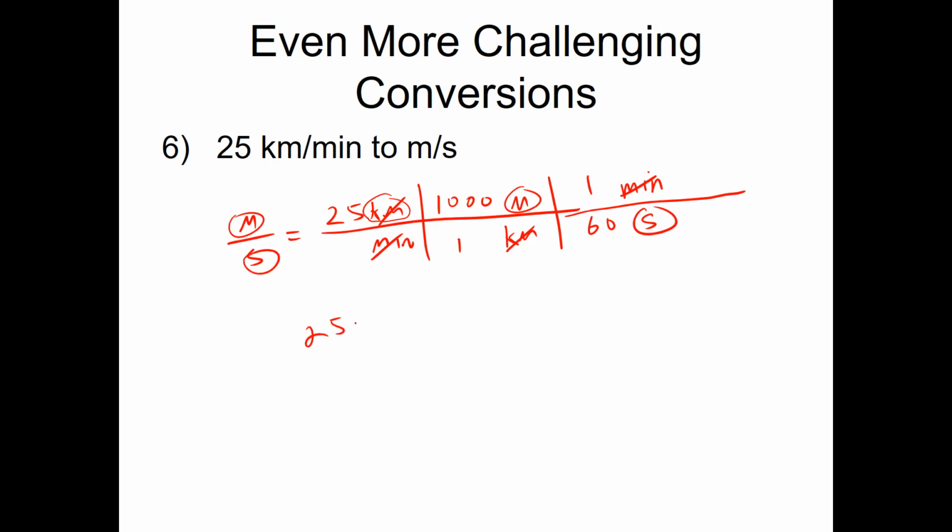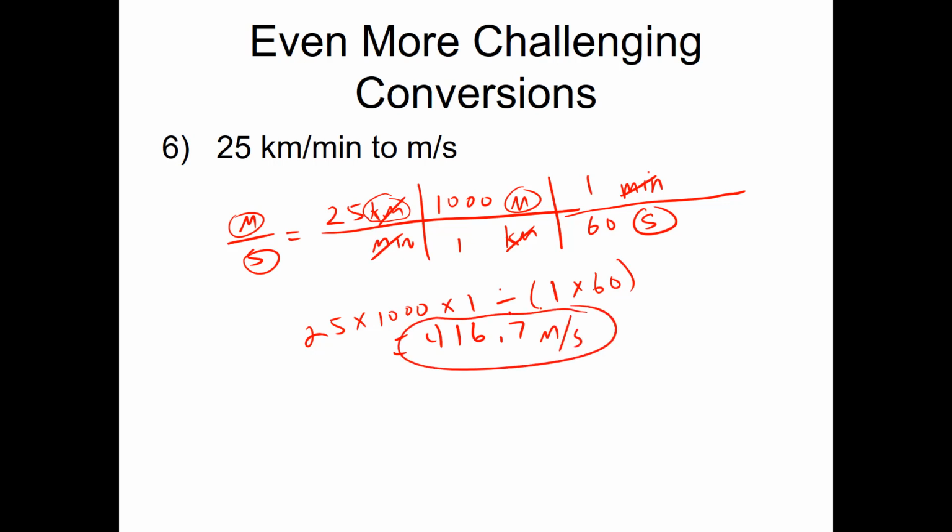So we take 25 times 1,000 times 1. Of course, you wouldn't do that. Divided by 1 times 60. So really, you would just take 25 times 1,000 divided by 60, and you get your answer, and it should be 416.7 meters per second. So hopefully this helped out.